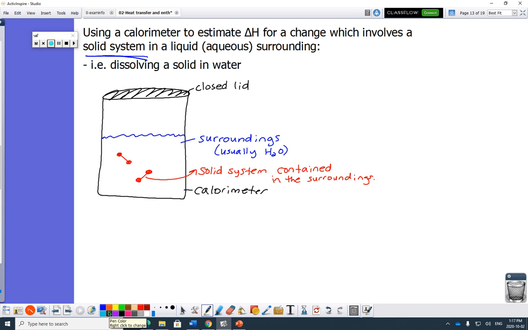So again, when you have a solid, moles is mass over molar mass. The surroundings, you'll probably be given the volume of water, which is equal to the grams.